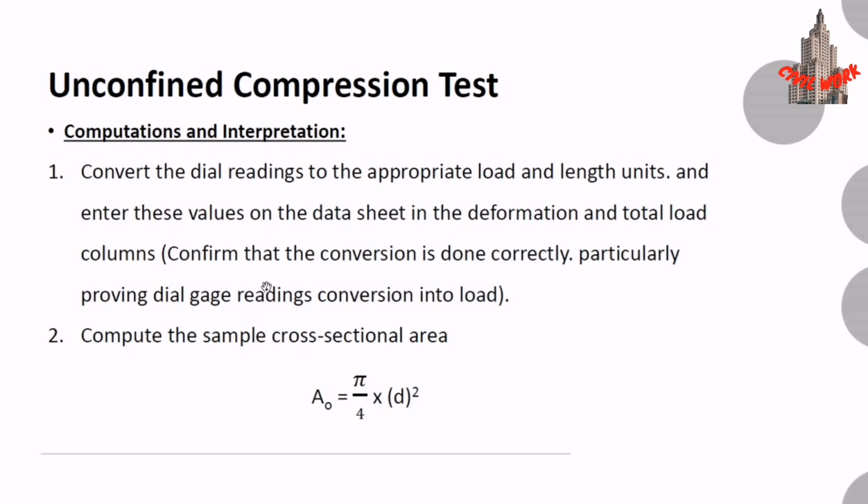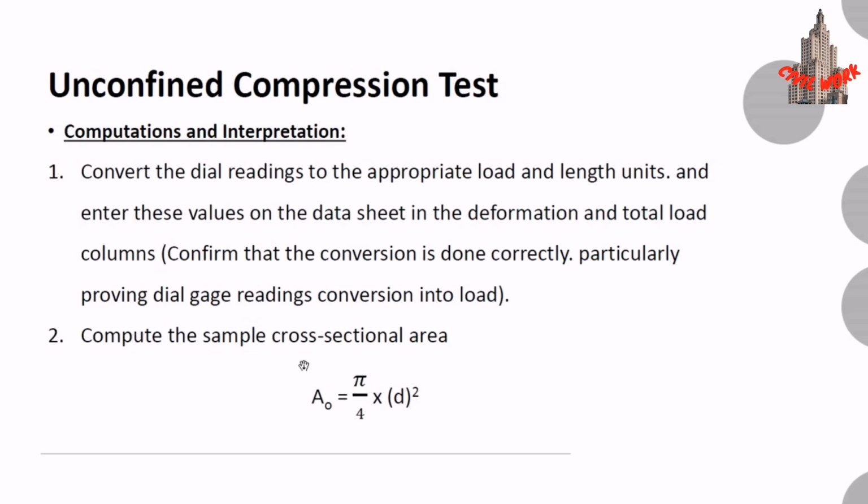Then we have to confirm that the conversion is done correctly, particularly proving dial gauge readings conversion into load. We will be given a proving ring constant to convert those dial readings into the load.